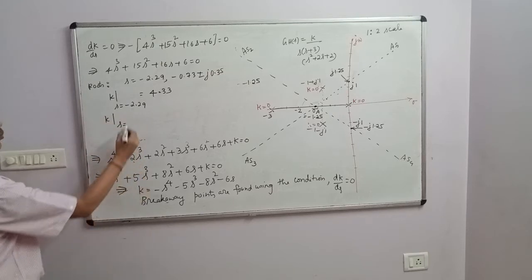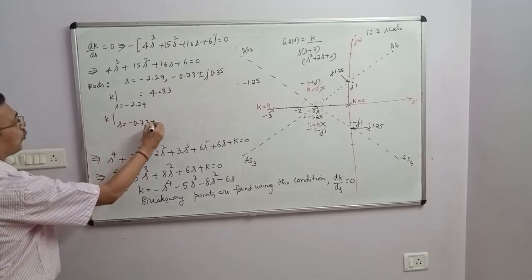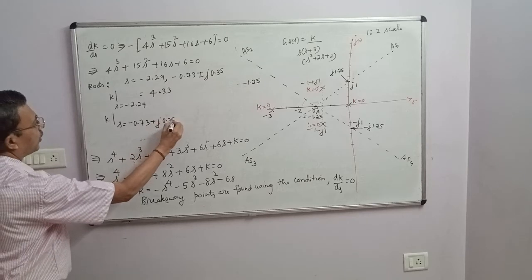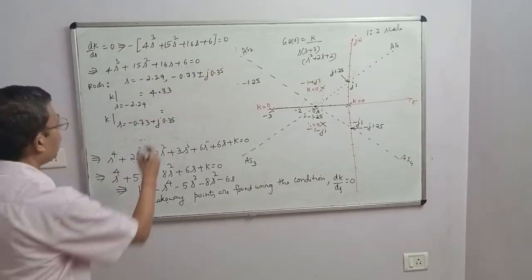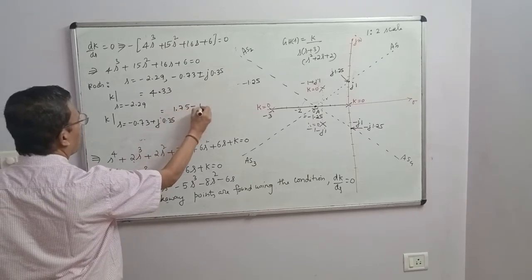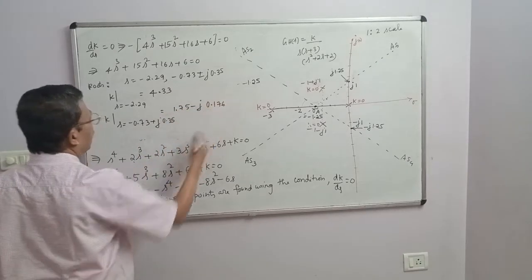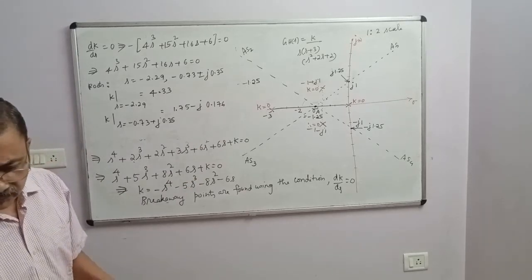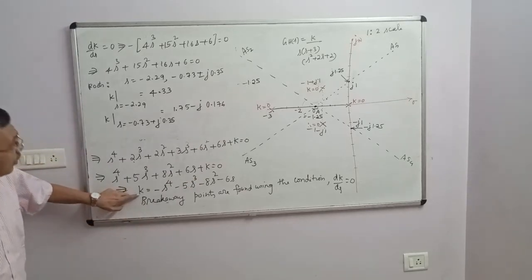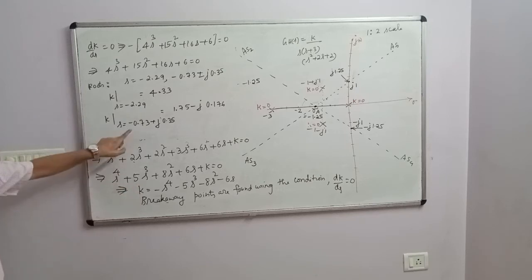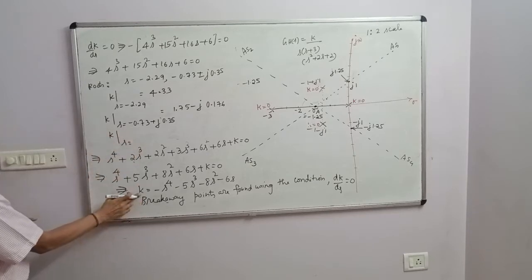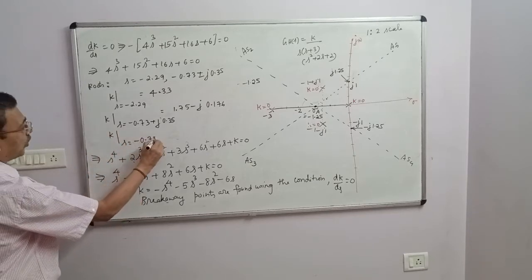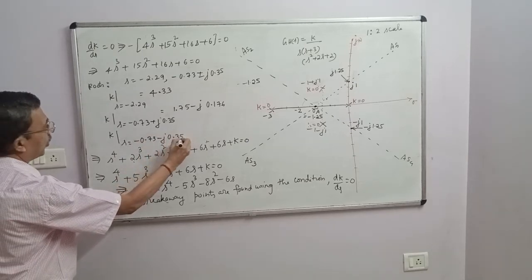In the same expression, put s is equal to minus 0.73 plus j 0.35. You will get the answer 1.75 minus j 0.176. Put s is equal to minus 0.73 minus j 0.35.